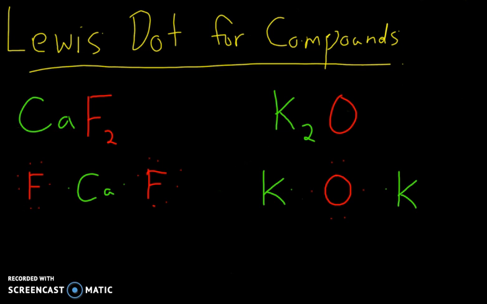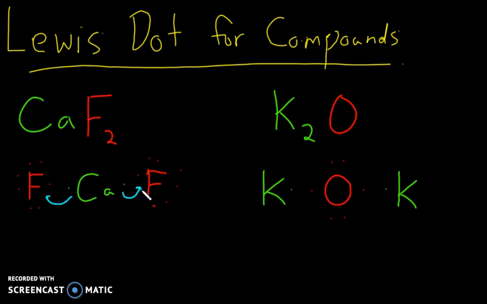The next thing that we're going to do is show how these ions are created. The calcium, in our first example, wants to lose both of its valence electrons. It wants to drop down to the previous energy level to get to 8 valence electrons so that it'll be stable. So calcium is going to donate one of its electrons over to fluorine and the other electron over to the other fluorine.